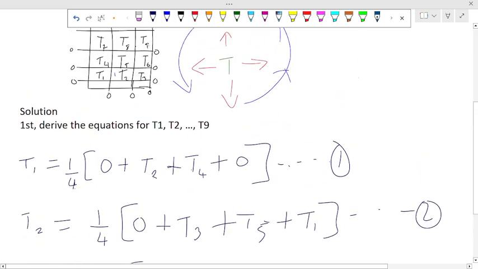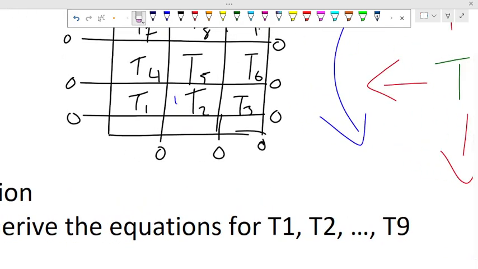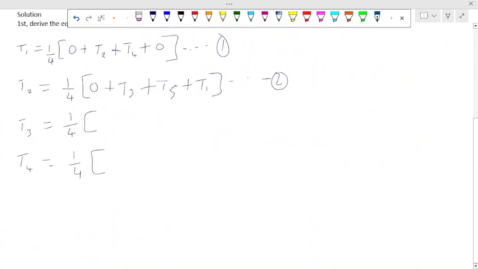So let's go to T3. Now dealing with T3, same pattern. Down, right, up, left. Let's go. Down we have 0, plus right.